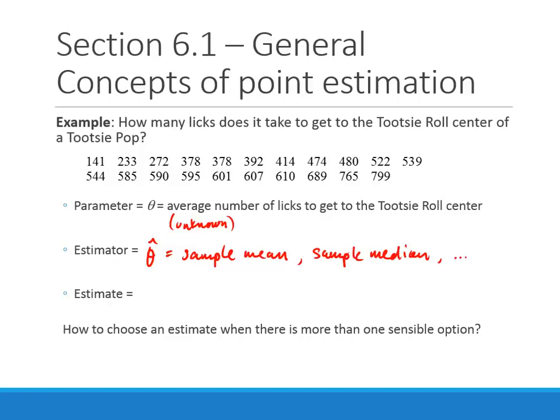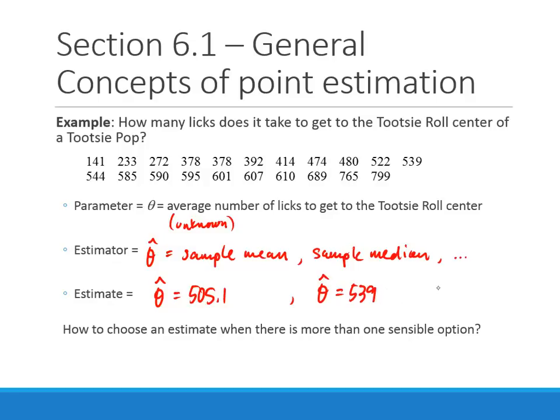But suppose that I actually have this data, so those numbers there, let's say that's a bunch of people who have actually taken one lick at a time to get to the middle of this thing. Then I can actually calculate my estimate theta hat. For the sample mean I could calculate 505.1, or if I use the sample median, I could use 539.